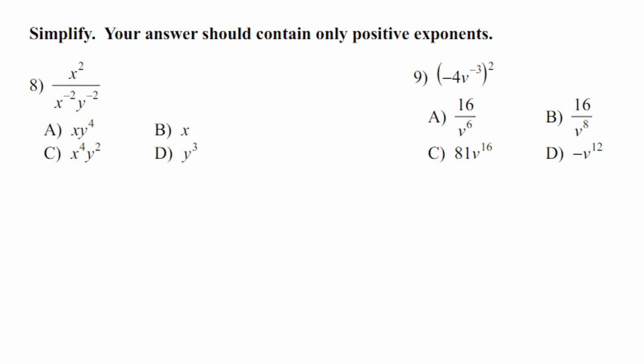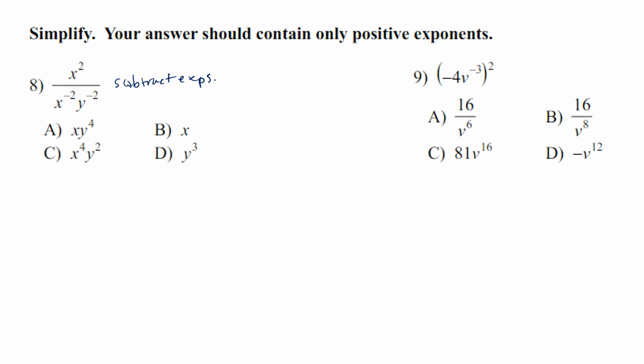All right, a few more properties of exponents. In this case, we're dealing with the quotient property because we have a division symbol. So that means we are going to subtract the exponents, but we have to take care of the negatives first.